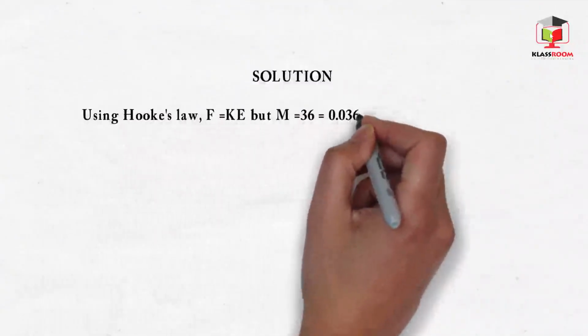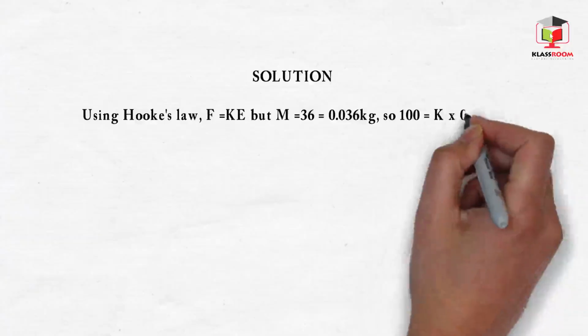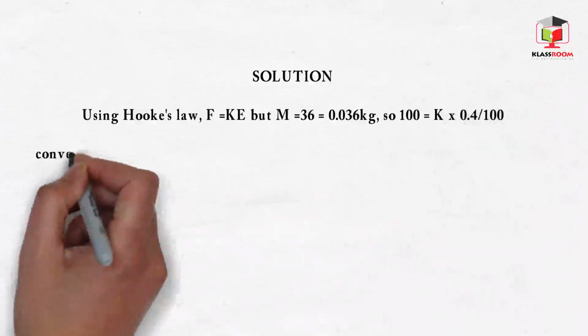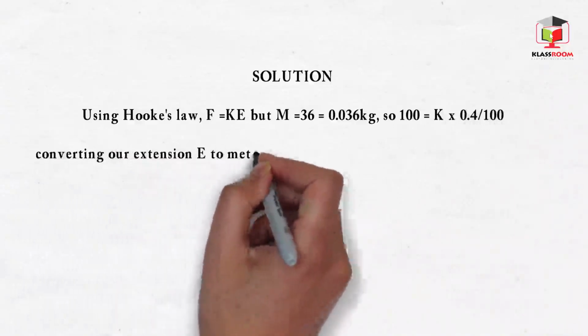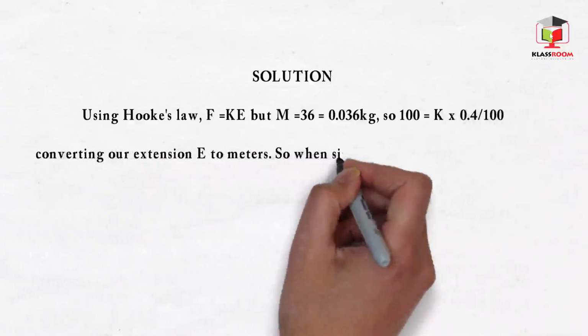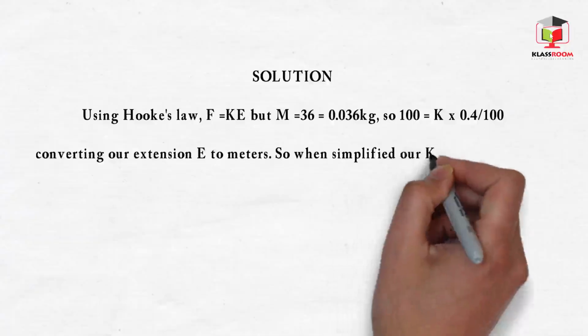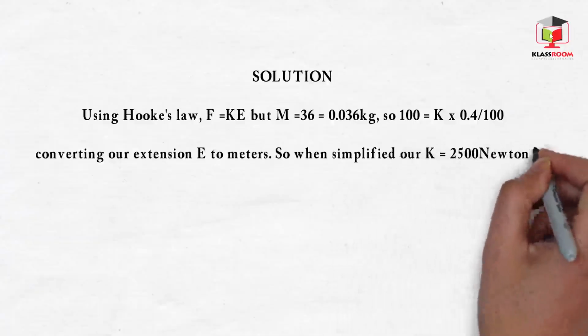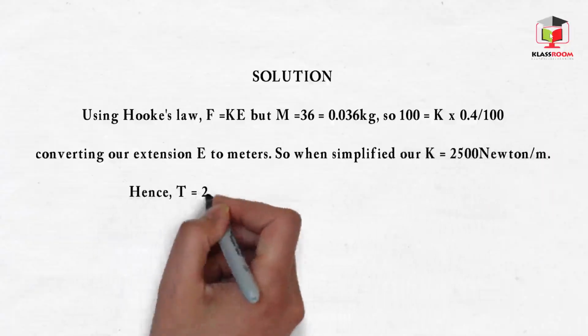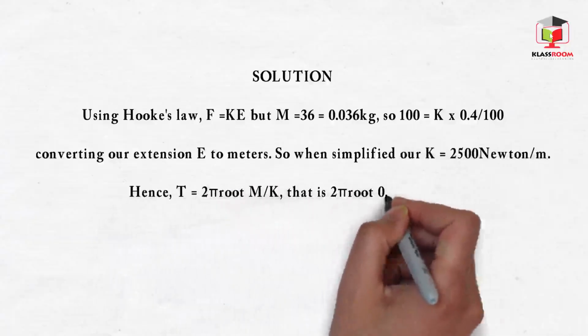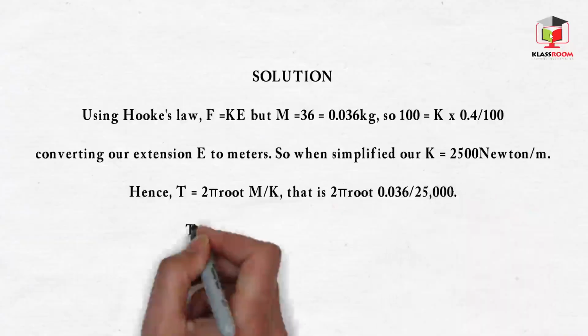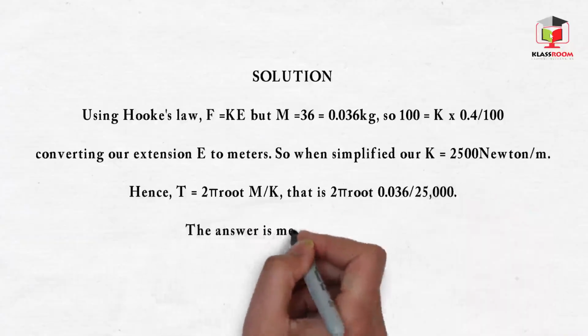So 100 equals k times 0.4 over 100, converting our extension e to meters. So when simplified, our k equals 25,000 Newton per meter. Hence, T equals 2 pi root m over k. That is 2 pi root 0.036 over 25,000. The answer is measured in seconds.